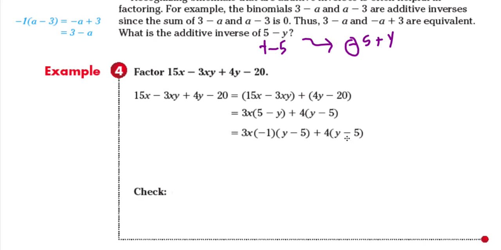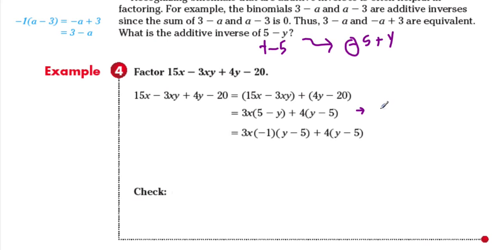So basically, this problem got the additive inverse of 5 minus y, and that is y minus 5. But in order to get y minus 5, you should multiply it by negative 1, and that's what they did. So 3x times negative 1 times y minus 5 plus 4 times y minus 5. Or you can also do it this way, like what I told you.